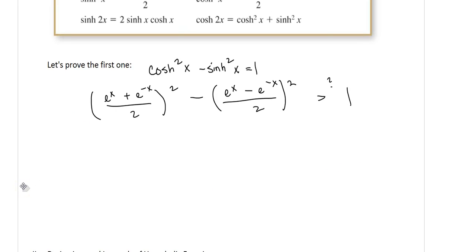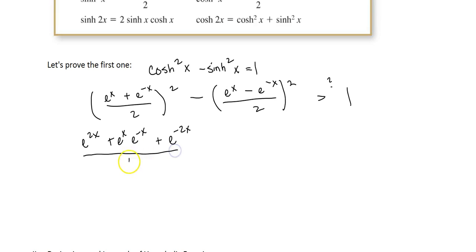If I do a little work on this, I'm going to FOIL out the top. That would be e to the 2x plus e to the x times e to the negative x, twice, plus e to the negative 2x. If I square that, remember I'm just multiplying the power, divided by 4.